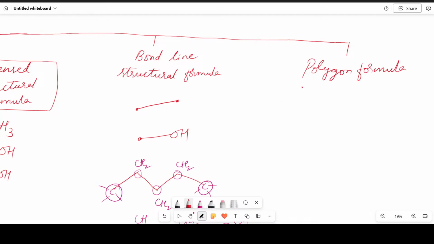Many compounds have carbon atoms that are not joined in a straight chain, but are in the form of rings. Such compounds are called cyclic compounds, and they are usually represented by polygons without showing any carbon or hydrogen.